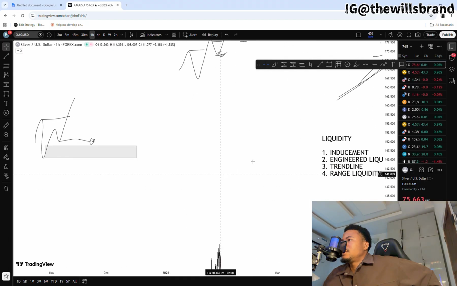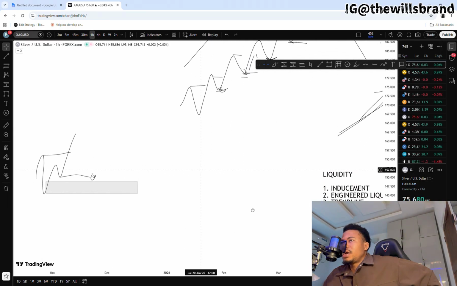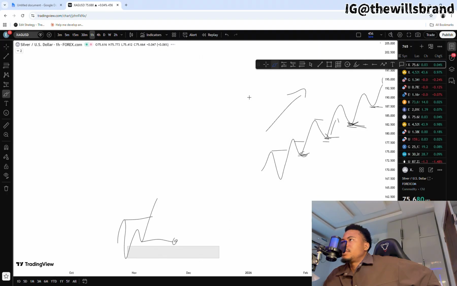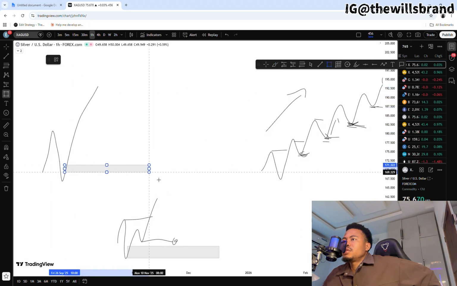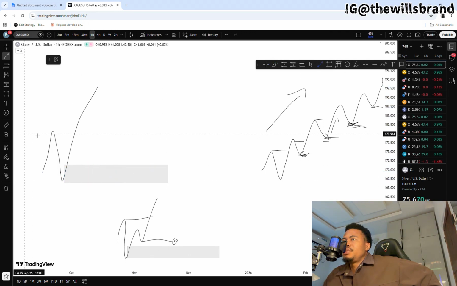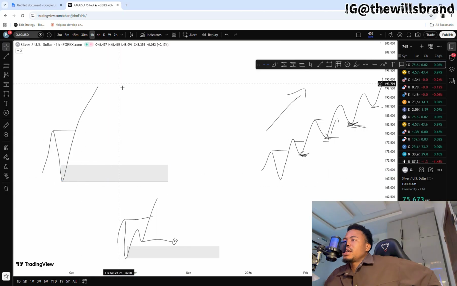Now engineering liquidity is almost the same as inducement, and this happens when we have something like this. In cases where the market forms something like this, we have no internal range liquidity and we have our POI. This type of POI is called a too clean POI because there's no inducement or internal range liquidity close to it. For the market to move, we need to grab liquidity.